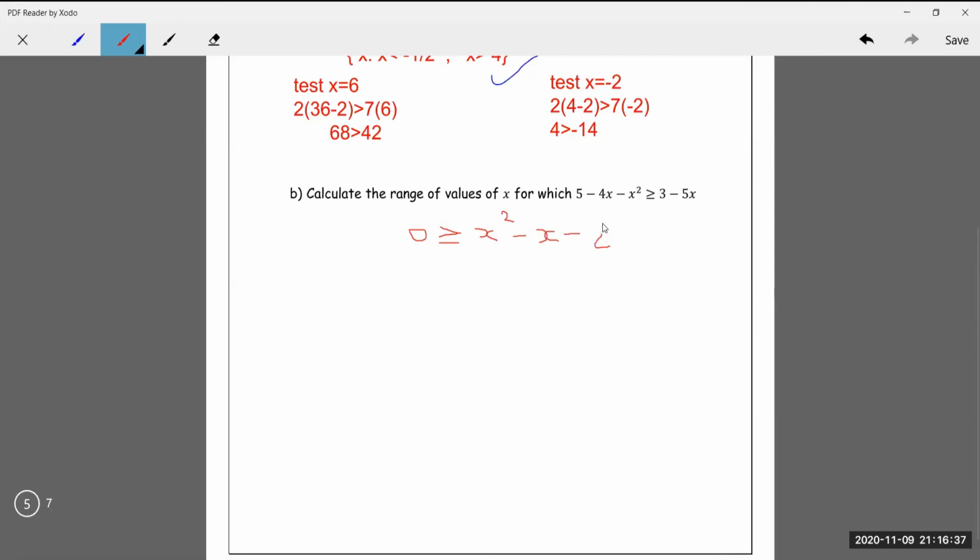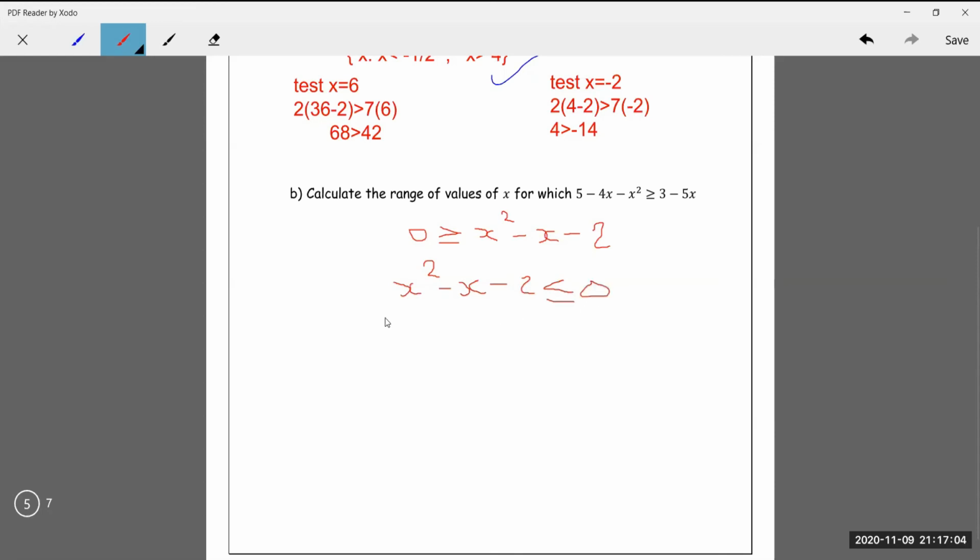So I end up with x squared minus x minus 2. Now for this, I can flip it around and write x squared minus x minus 2 is going to be less than or equal to 0. I just flipped it around.